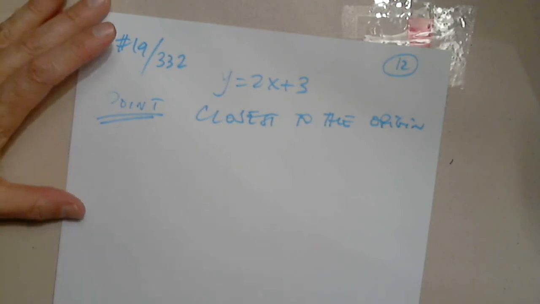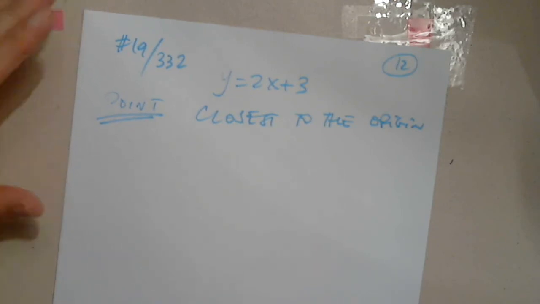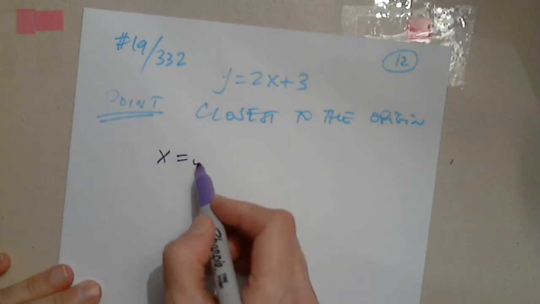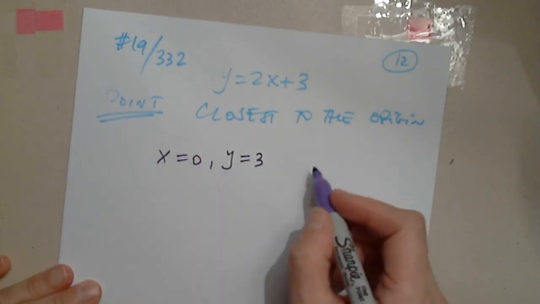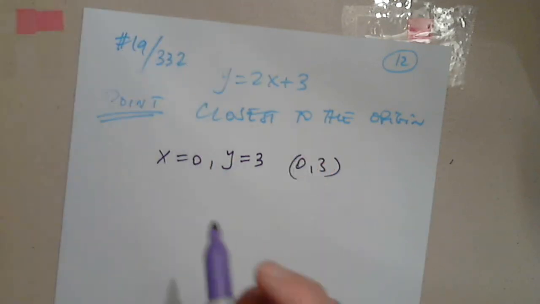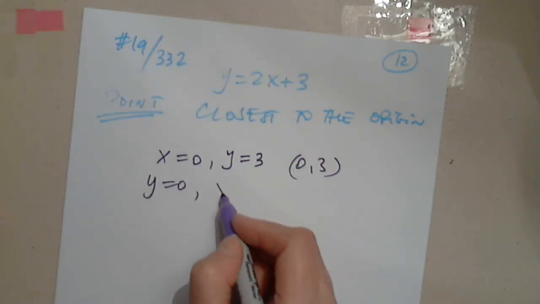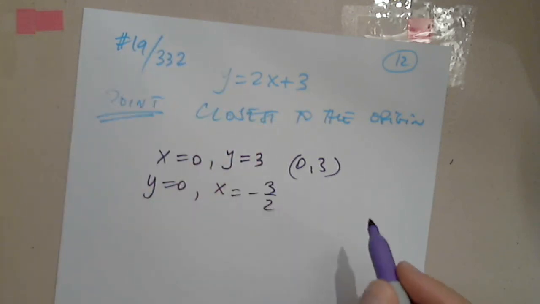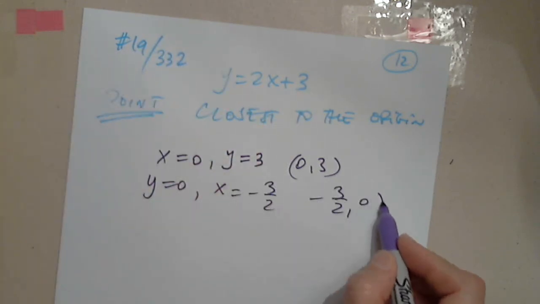So I'm going to graph this line. Since it's a line, I need 2 points. When x is 0, y is 3. When y is 0, x would be negative 3 halves. So negative 3 halves, comma, 0.